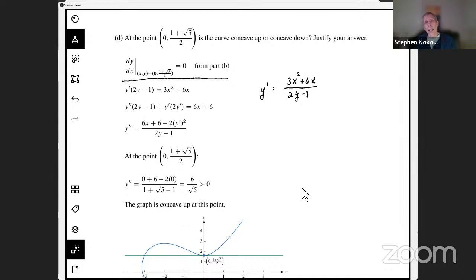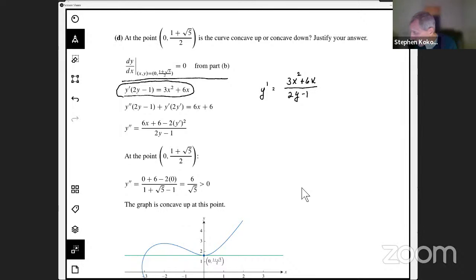On the right-hand side we have to take the derivative of a quotient, and it gets kind of messy. Can you do it that way? Absolutely. But what I decided to do was multiply both sides by 2y minus 1 to make the left-hand side a product, which would be easier to differentiate. The right-hand side is just a polynomial in x, which is very straightforward.